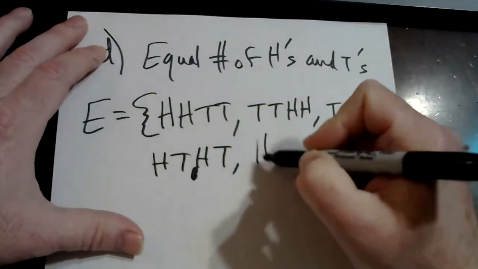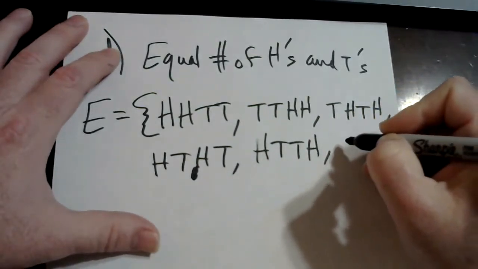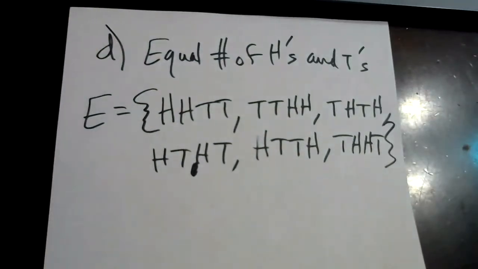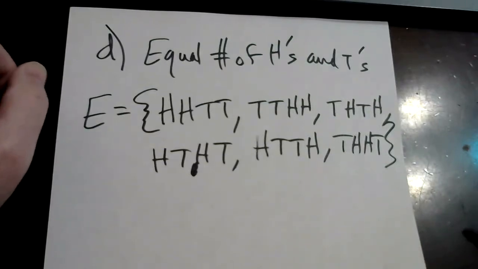But you also might have the T's in the middle, or you could have the T's at the end. And I think that's it. So there are 6 ways for there to be an equal number of H's and T's. All right?